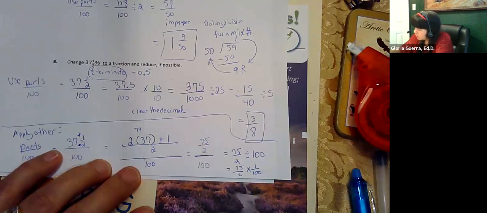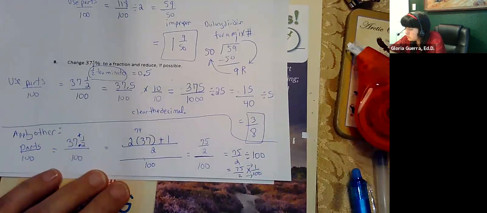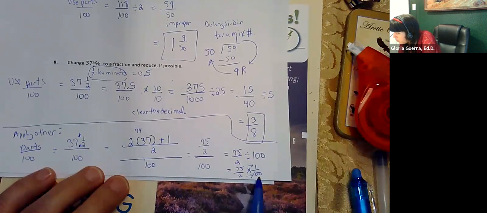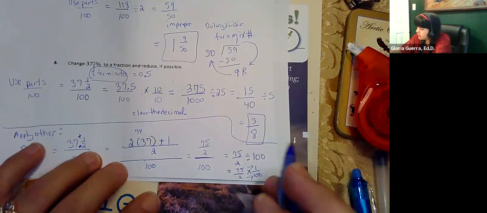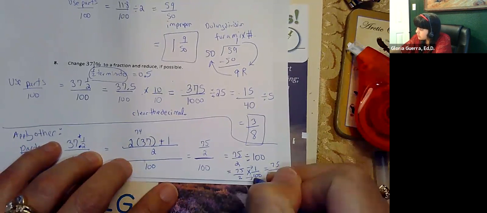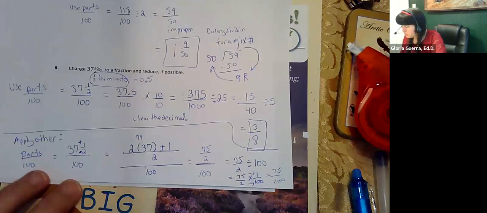And then you're going to multiply straight across. 75 times 1 is 75. 2 times 100 is 200. So it looks like that's 75 over 200.